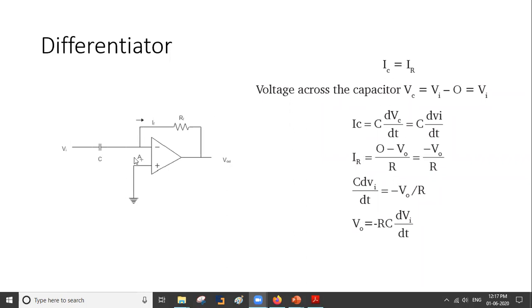A differentiator is similar to an inverting amplifier circuit. That means the input is given to the inverting input of the op amp. The only difference as compared to the integrator is that we have changed the capacitor from the feedback network to the input network.